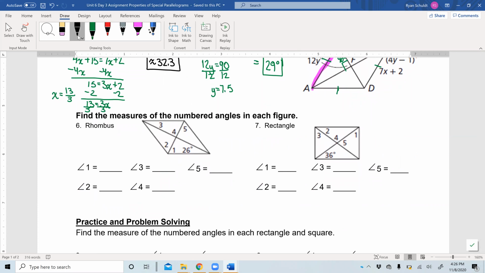Okay, next one. We have a rhombus. So let's label what we know about a rhombus. We know diagonals have to intersect at a right angle, which means angle 4 has to be 90 degrees.